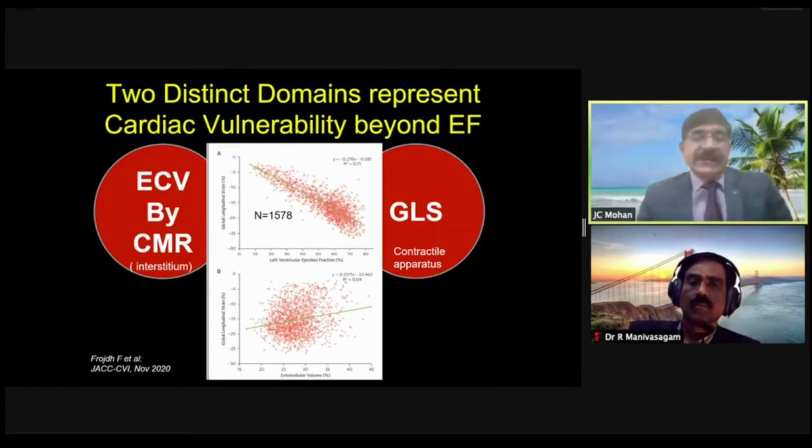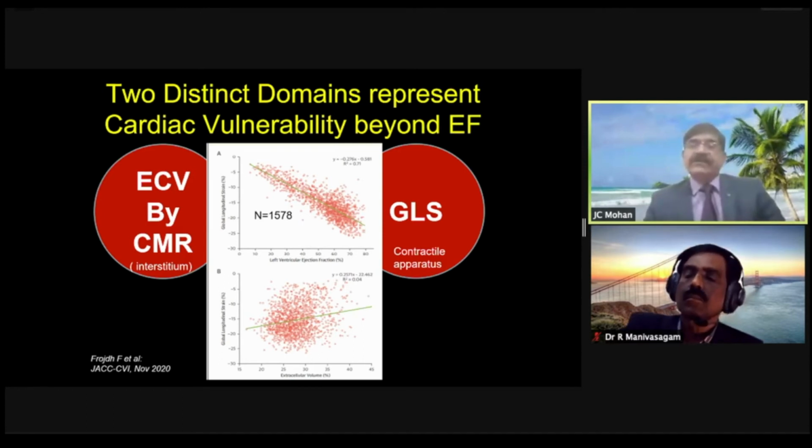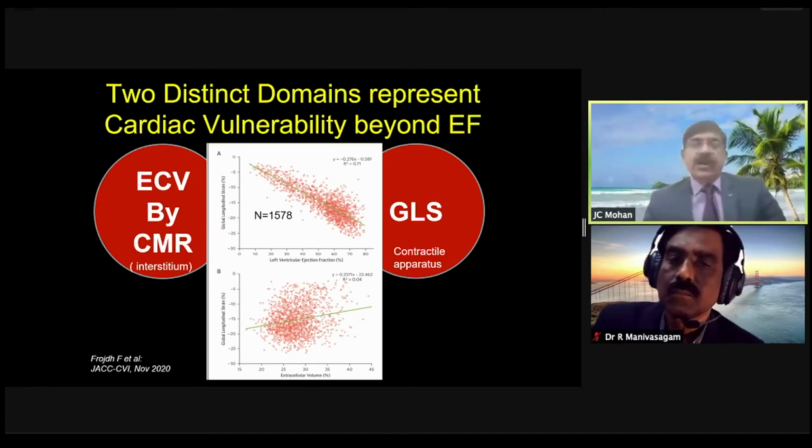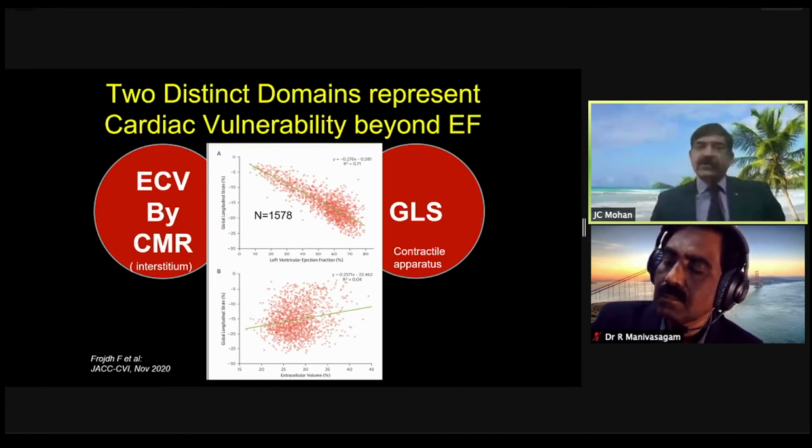Very recent data, and that is of great interest, is talking about cardiac vulnerability beyond ejection fraction. There are two parameters: extracellular volume, that is detected by CMR, and global longitudinal strain, which is a parameter of the contractile apparatus, largely by echo. And both these parameters provide you data about cardiac vulnerability beyond ejection fraction. And both are independent.